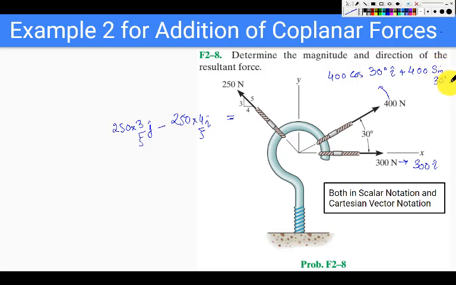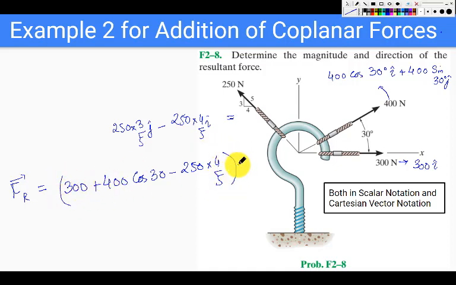Now that I have written all three forces into their x and y components, the resultant force is just the sum. So I add the x components: 300 plus 400 cos of 30 minus 250 times 4 over 5, all with I hat.